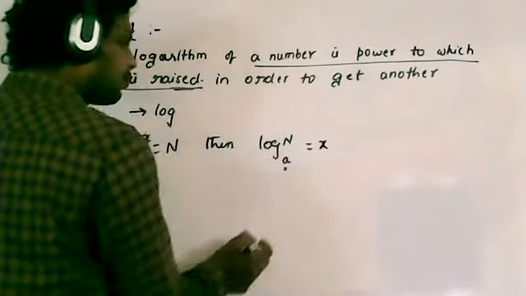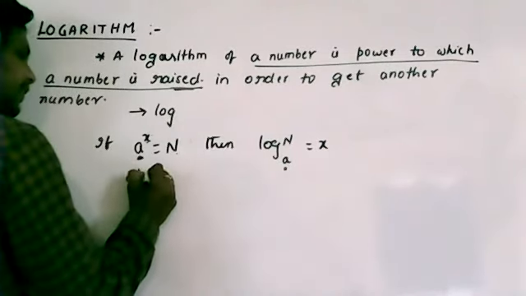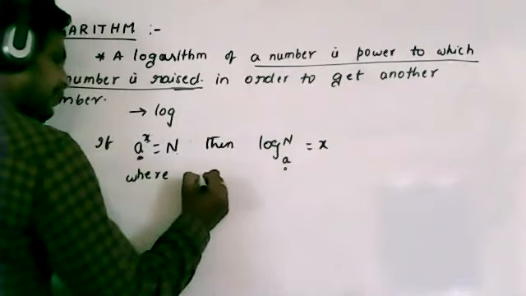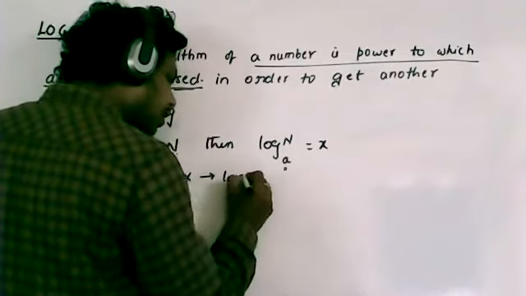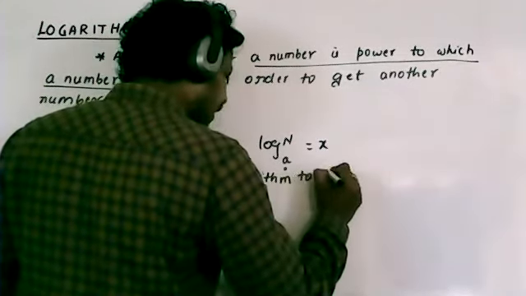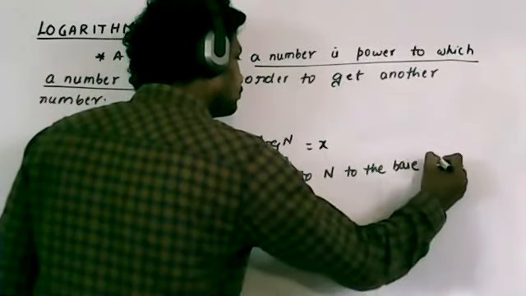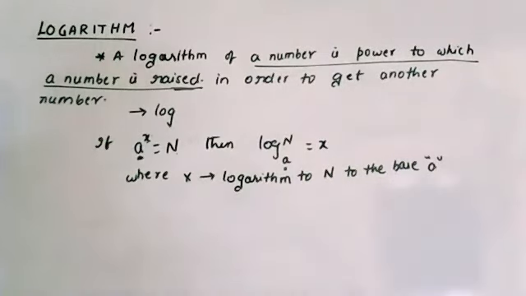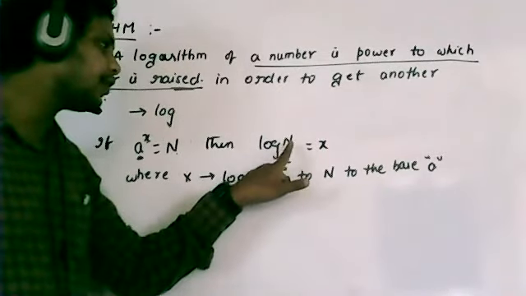This is called the base. Where x is the logarithm of n to the base a. So you have to read it like this: x is equal to logarithm of n to the base a.